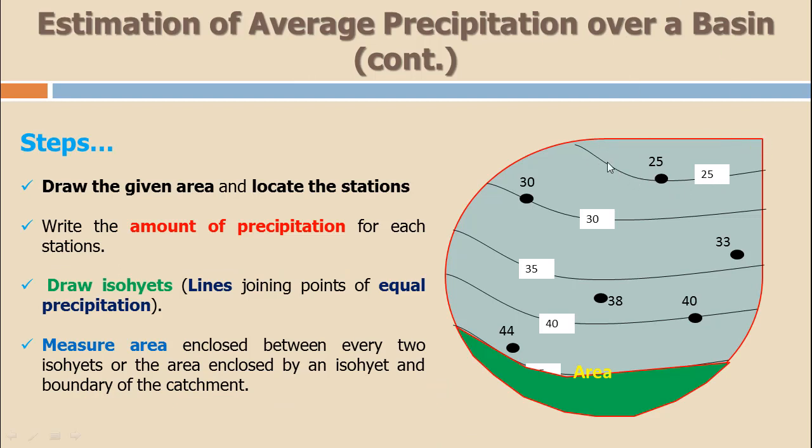Here it is known, 25, but at the boundary line this is not known. So the simplest method is to assume the same value as for this isohyete. It is 25, so we will assume a 25 value for the boundary.